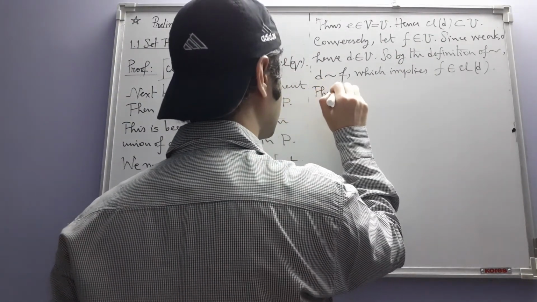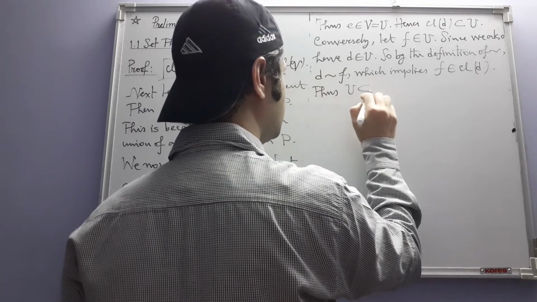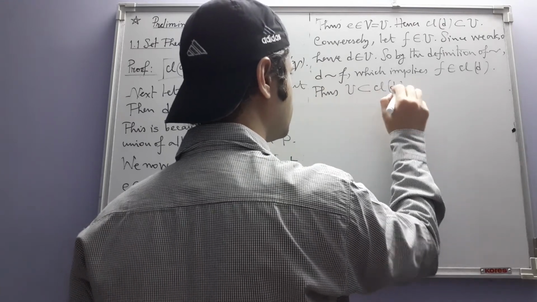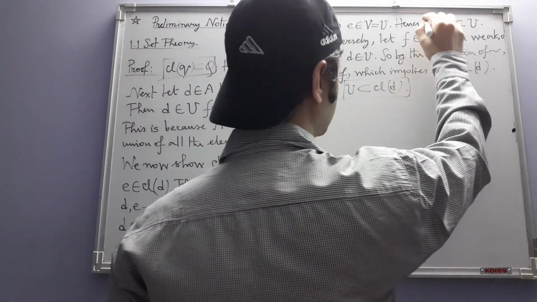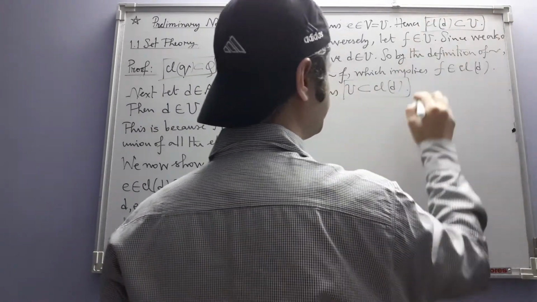Thus, U is contained in class of D. So this is one inclusion, this is the other inclusion.